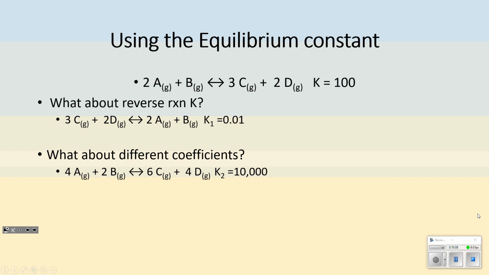If we calculate K by saying products over reactants, we have to look left side of the arrow and right side of the arrow, because that's what determines what the products and the reactants are. So when I show you this second equation here, if you recall enthalpy, we would just flip the sign for a reverse reaction. We'd multiply by -1.